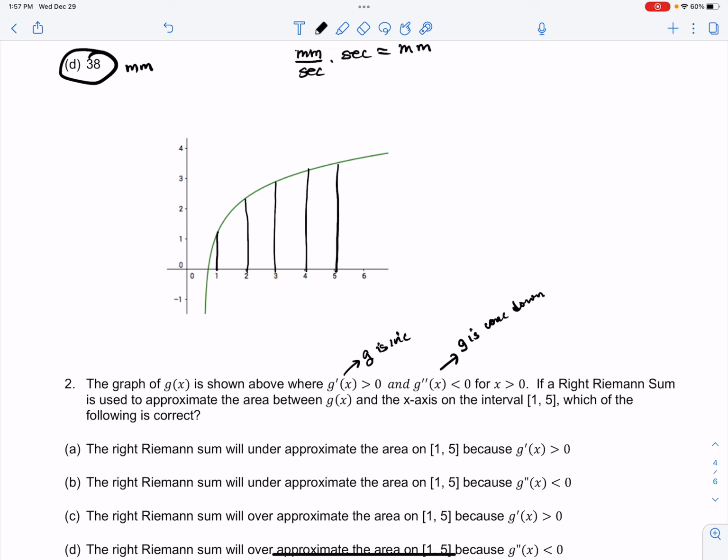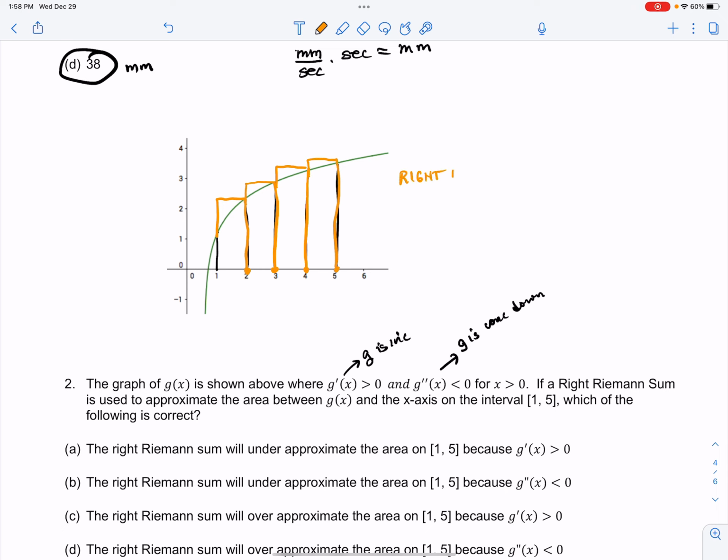And if you use right RAM, then of course I use the right endpoint. So I'll pick the right endpoint here, go up. There's my right rectangle. Here I go up. There's my right rectangle, and so on. Okay, so I've got a very nice picture of right RAM.